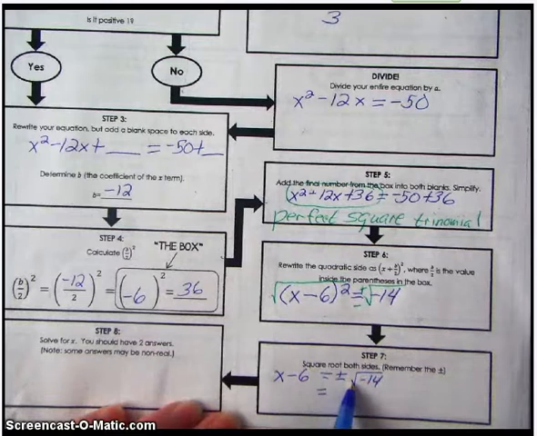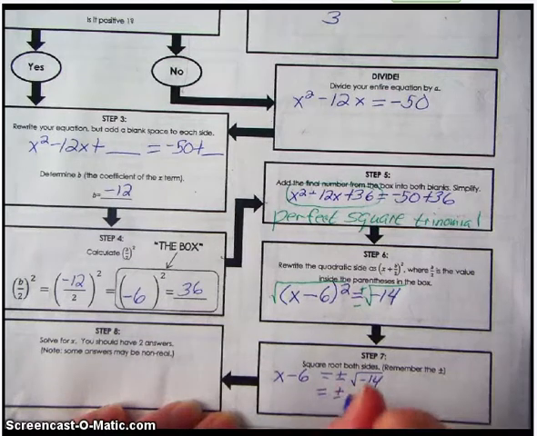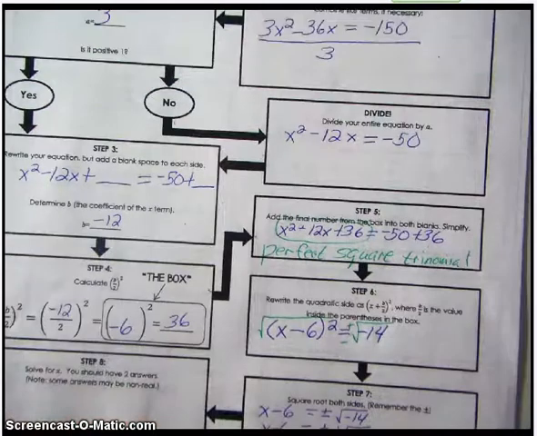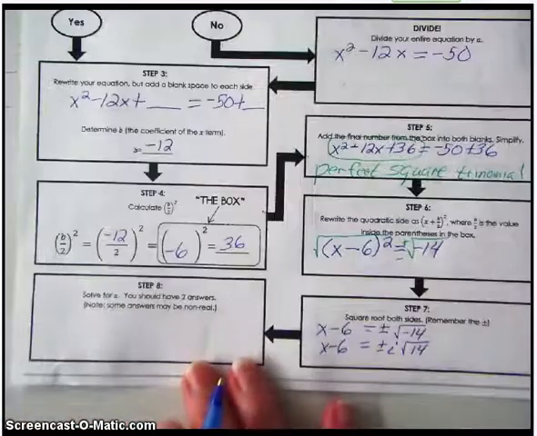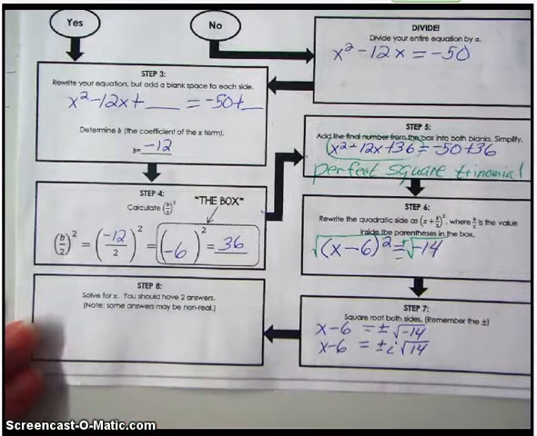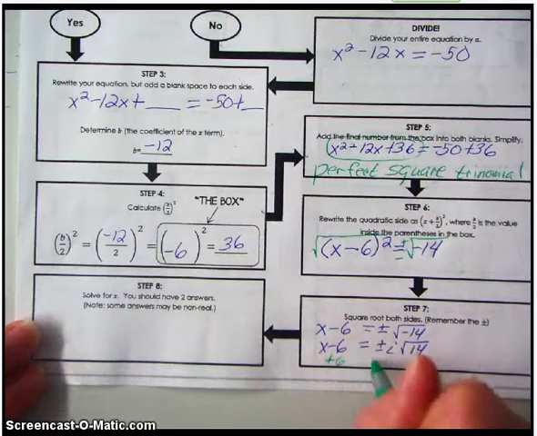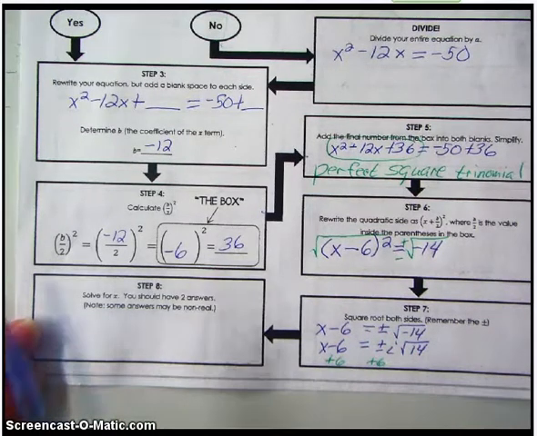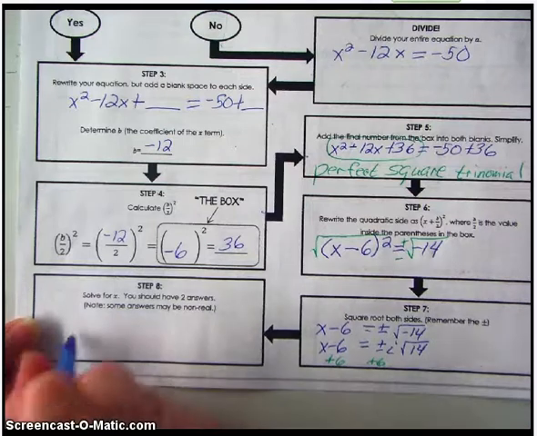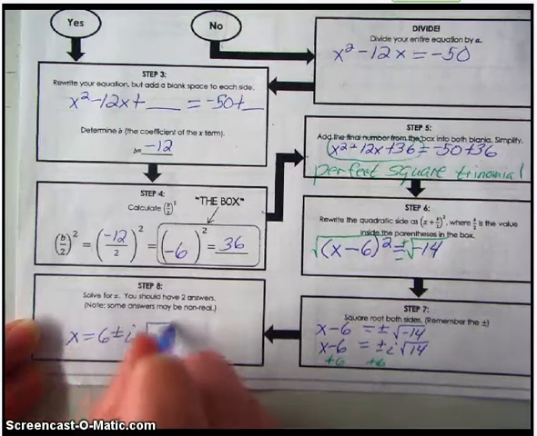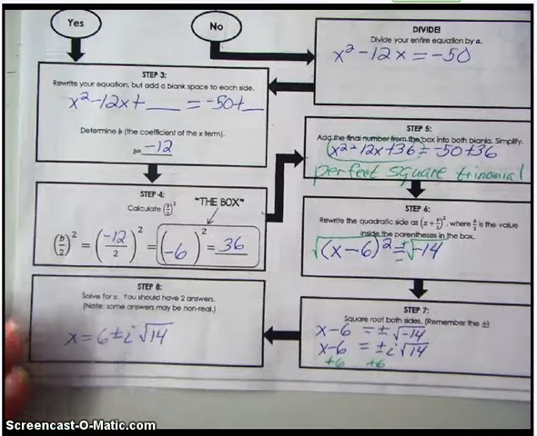Okay, I can take an i out of this. And then step 8 is solve for x. So we've got to get x all by itself. We're going to add 6. And then that's going to be my final answer over here. So I'm going to have x equals 6 plus and minus i square root of 14.